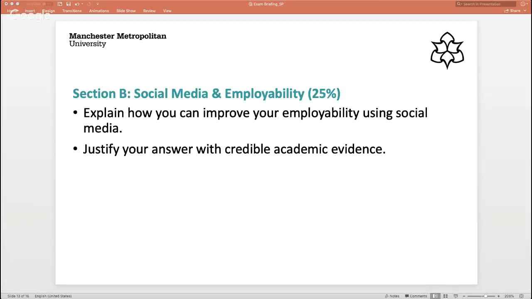For section A, you're going to be looking at online influencers, and you're going to be getting a lot of information about influencers over the entire term, not just in one lecture. You could also be looking at newsjacking, which is online public relations, and that ties in with some of these topics as well, such as how you would use online public relations to talk with politicians and therefore target people.